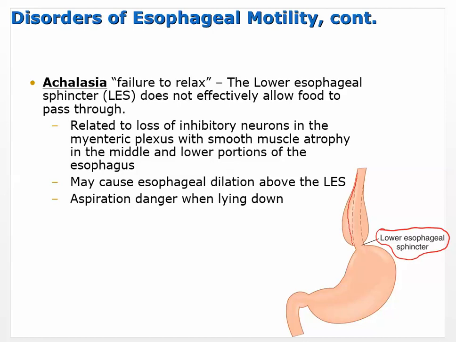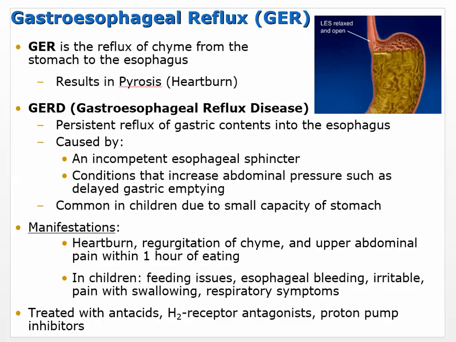Maybe you're not pushing hard enough, some kind of muscular problem with pushing the food through, and so that's not allowing the food to go in. It may cause esophageal dilation above the lower esophageal sphincter, which is what we see here, and aspiration danger when lying down. Again, that's when it moves back up into the throat and may move down the trachea with an inhalation.